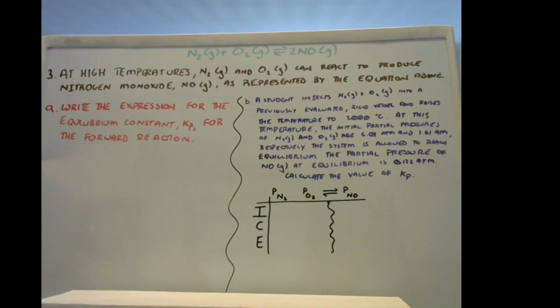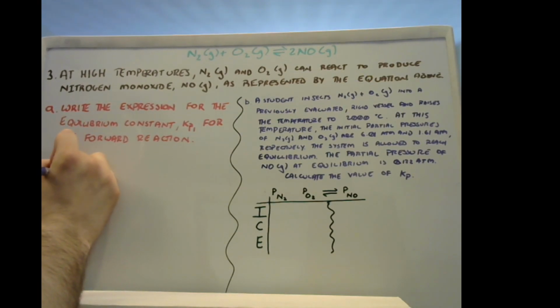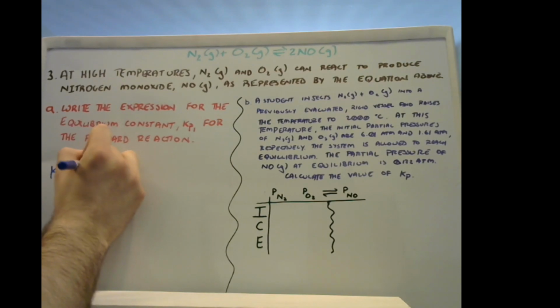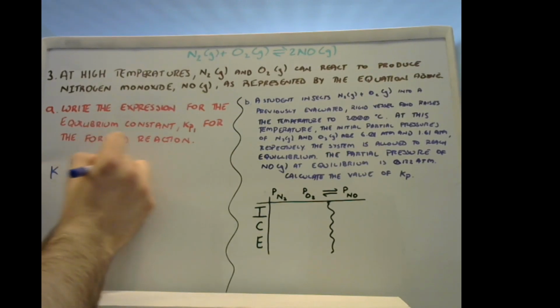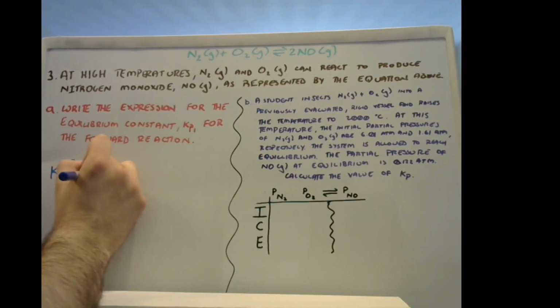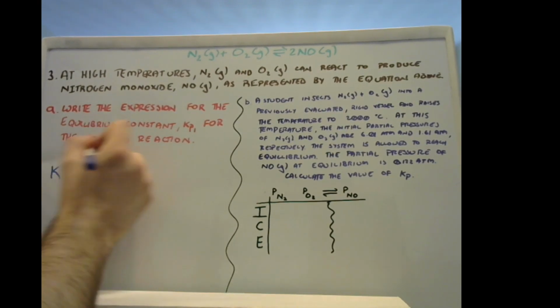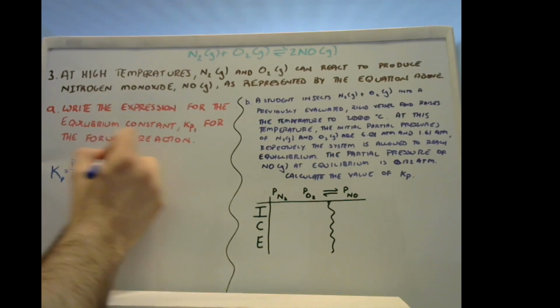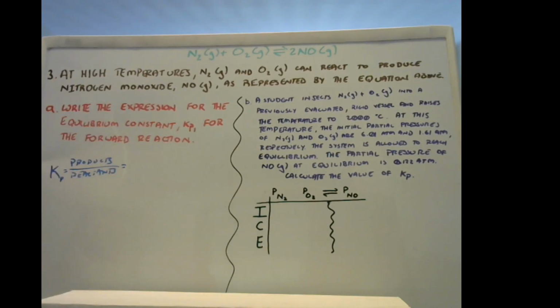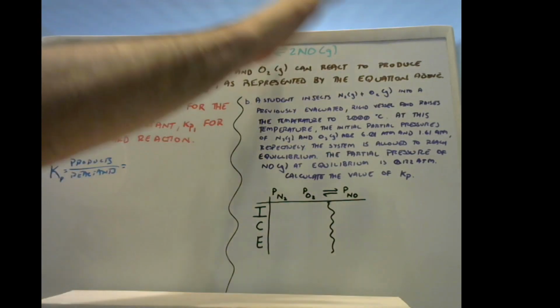So whenever it's asking for K, K is always products over reactants. In this case, we're talking about pressure, so it's going to be the pressure of your products over the pressure of your reactants. My products are on the right side of the reaction. We're talking forward, so it's going to be the right side of the reaction.